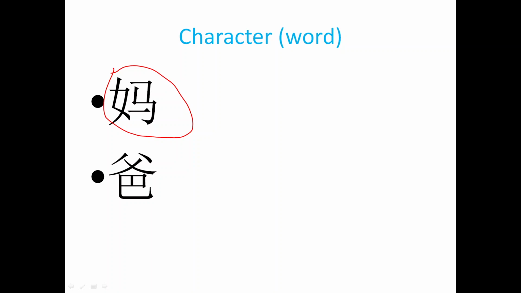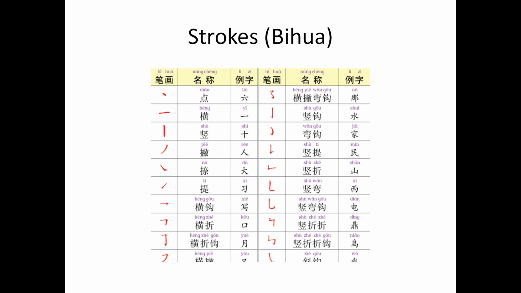Now let's talk about how a Chinese word is composed and what is the order to write its component. The very basic parts of a character are called strokes. A Chinese word or character is made of one or more strokes.